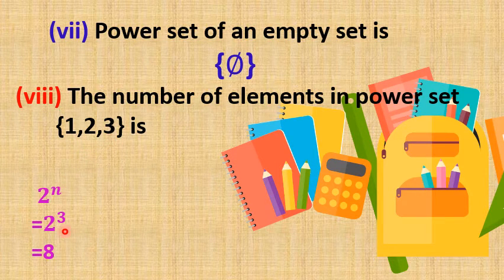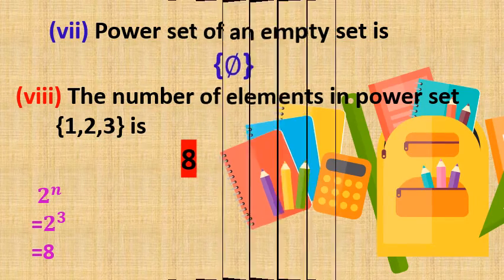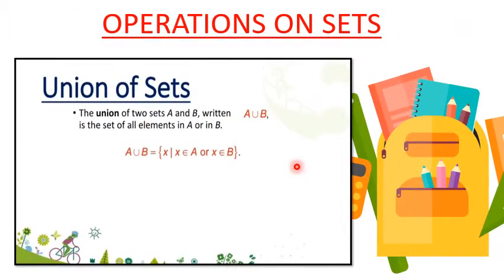Replace n with 3. 2 power 3 is 8. So the answer of this MCQ would be 8. The number of elements in the power set of this set is 8. Now students, let's discuss a few more topics and then we will do the related blanks.